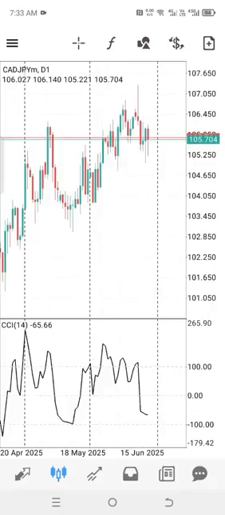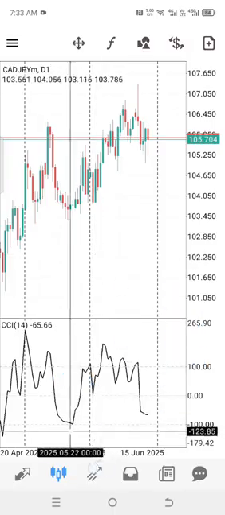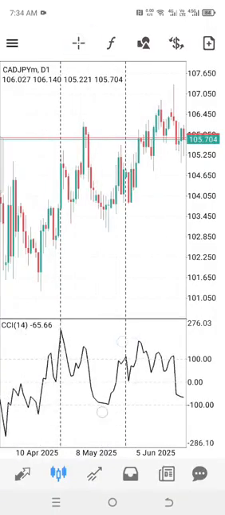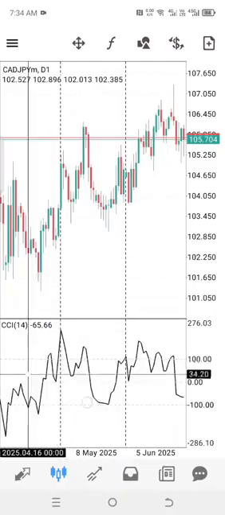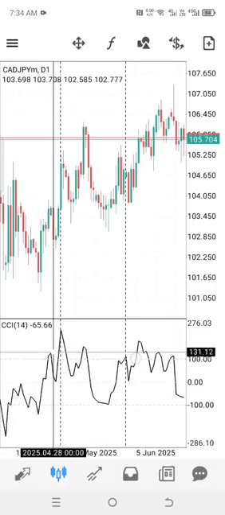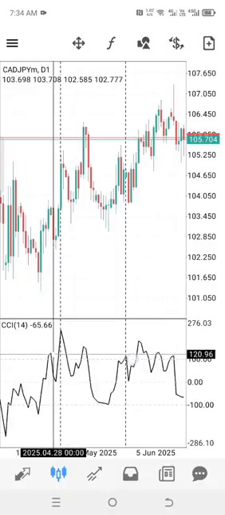Now we're currently on the CAD JPY chart, and I want to look out for a buy signal. Remember what I said, that for us to get a buy signal, the CCI needs to move from below minus 100 up to above plus 100.